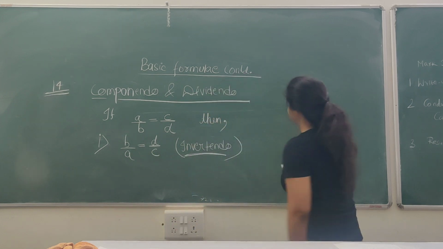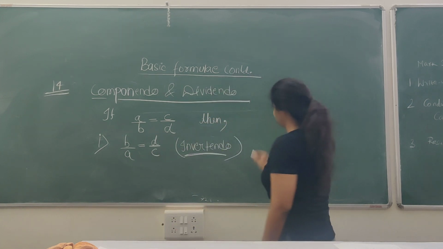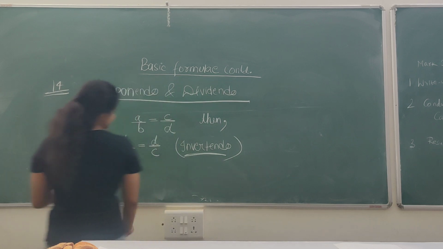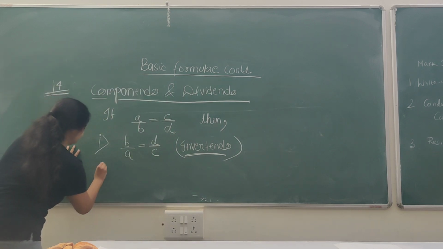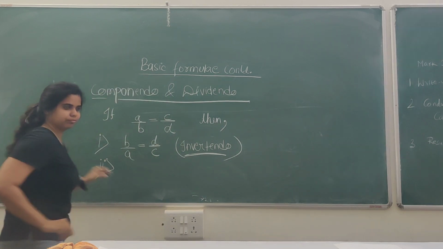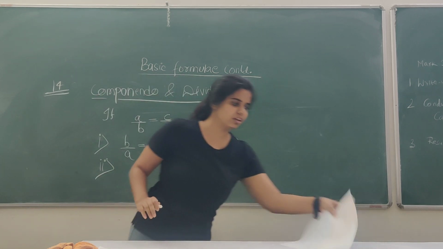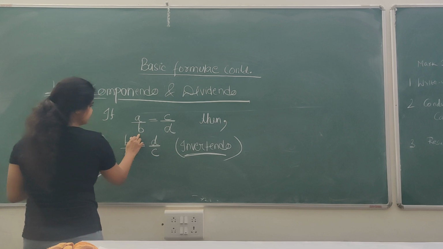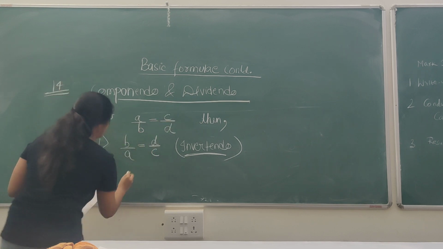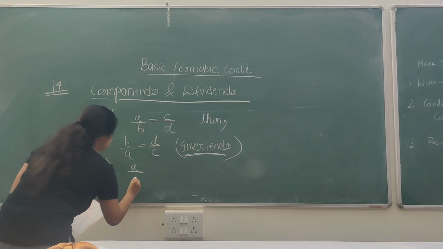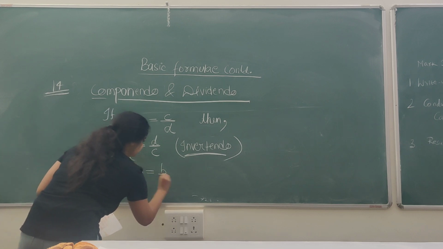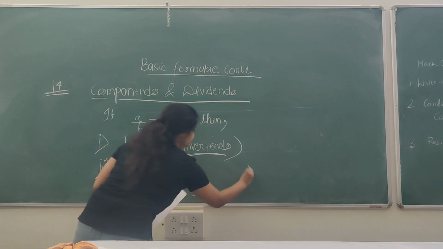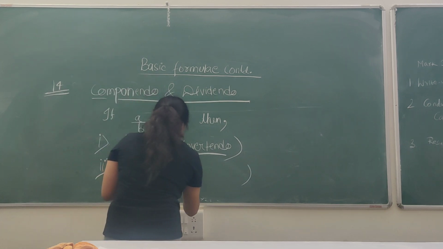The second one is, okay, here it is. Second says that if a by b is equal to c by d, then c comes down, so a upon c is equal to b by d.